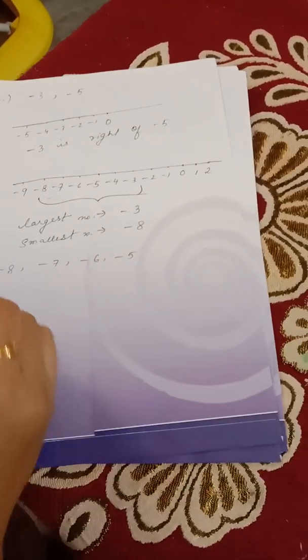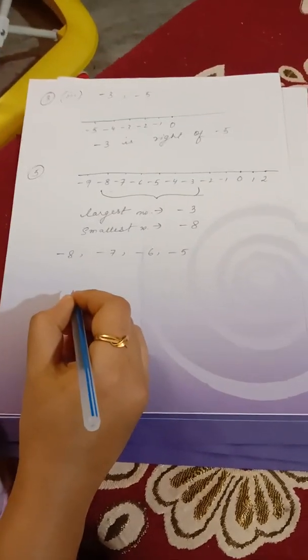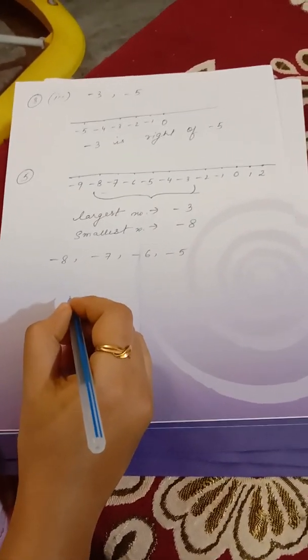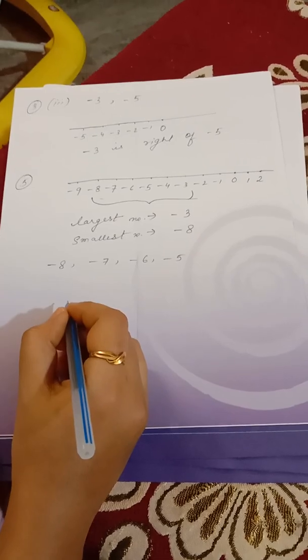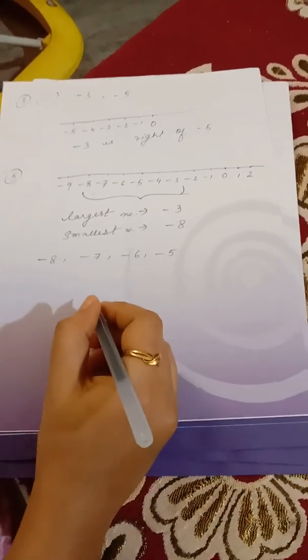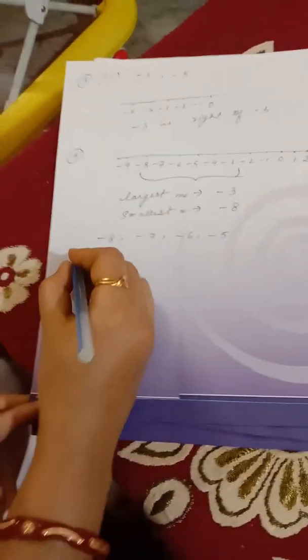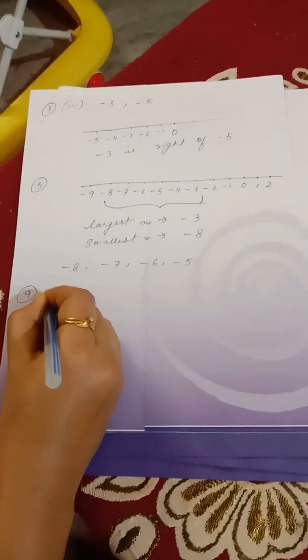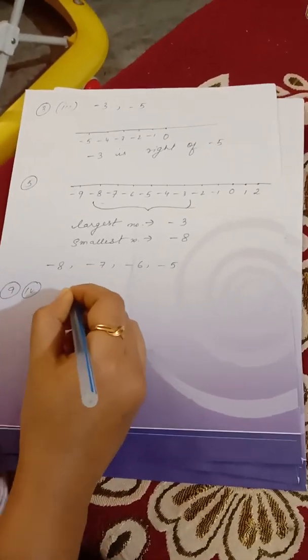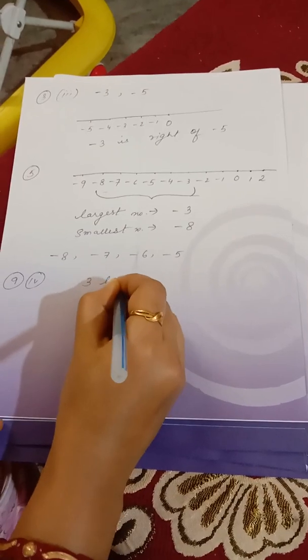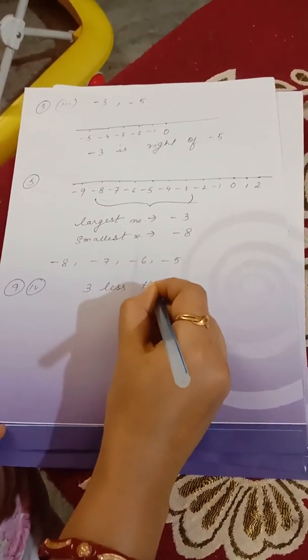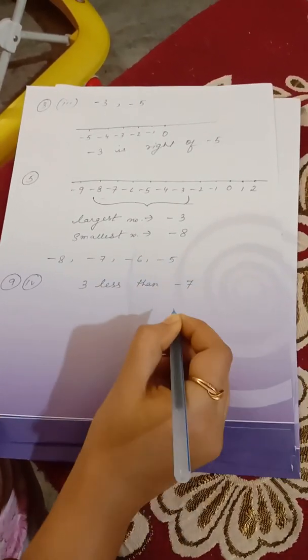Next is, using number line, write the integers which are less than or more than another integer. So for that, we are solving number 4. 3 less than -7.